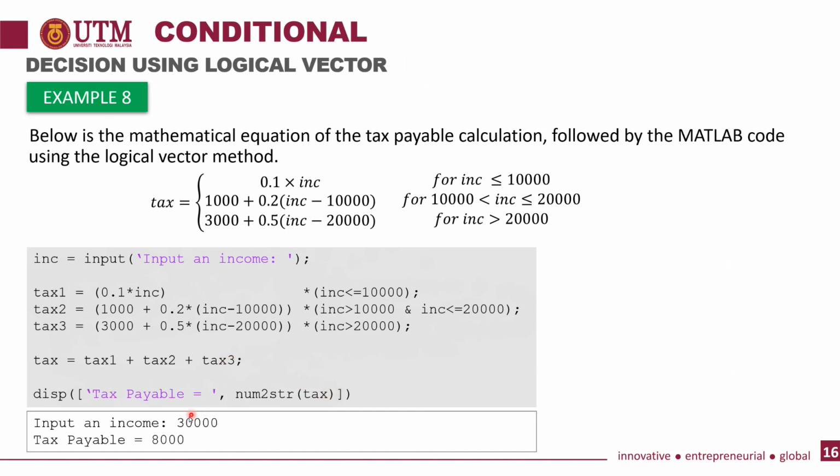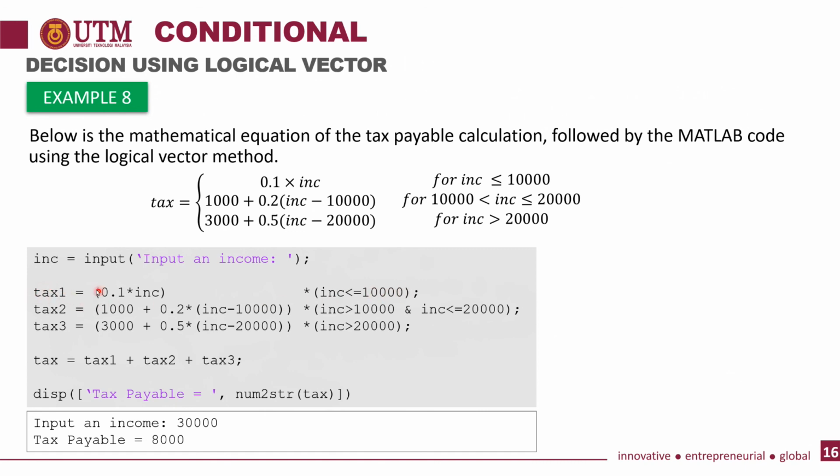All right. So when you input an income of $30,000, what will happen? When you give your input of $30,000, tax1 will become 0.1 multiplied by $30,000, and it will be multiplied by 0 because the income that you input is not less than or equal to $10,000.